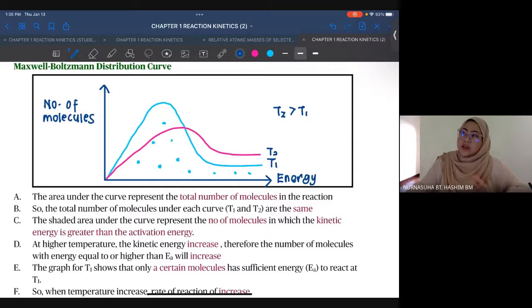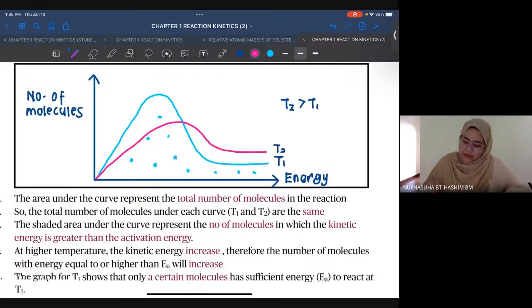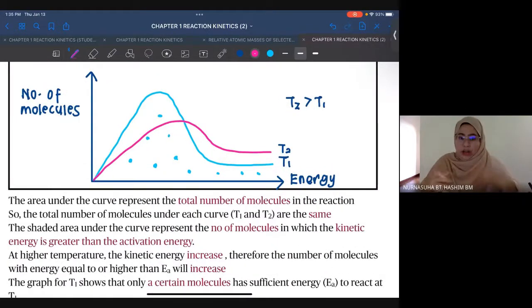Bukan bermaksud ada dua molekul, tidak. Masih 10 molekul tadi, cuma dia buat warna pink, bila kita tambah suhu tu, molekul akan bergerak kan. So molecule will gain energy, and out of 10 molecule, more molecule mungkin tertumpu dekat kanan.